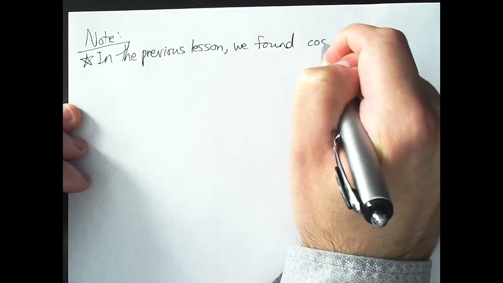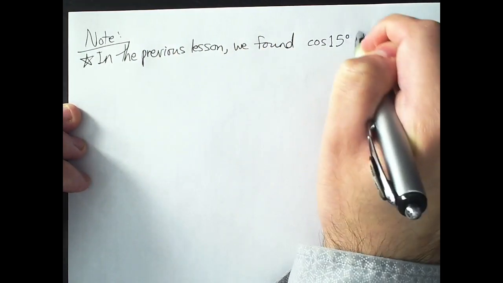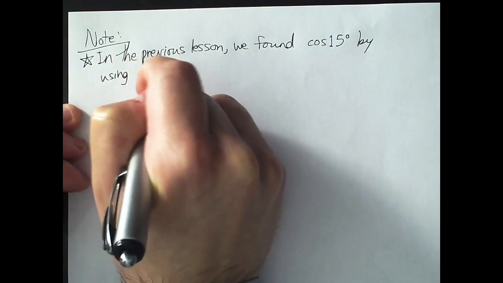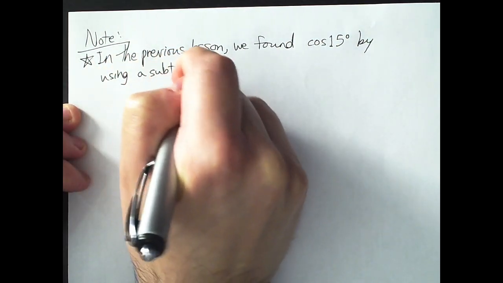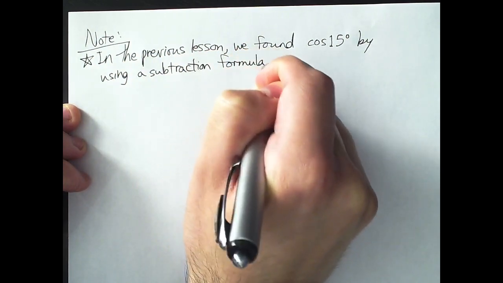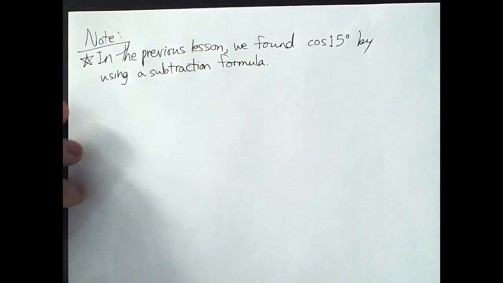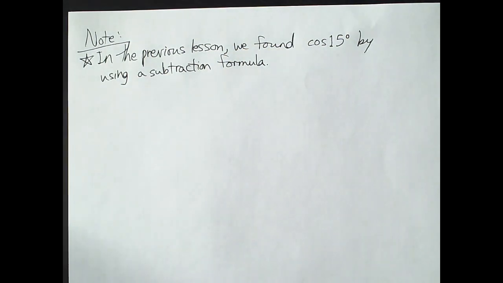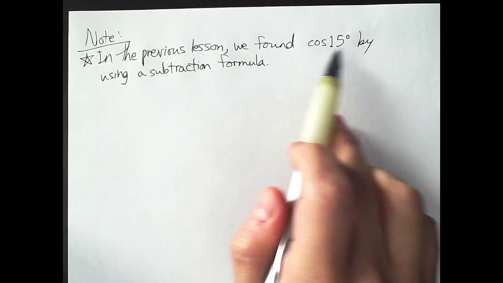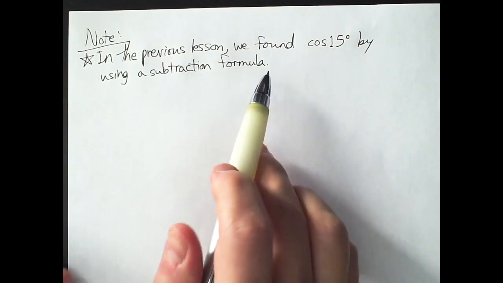We found cosine of 15 degrees, and we did that by using a subtraction formula. Of course, what we just did a few minutes ago, 22.5 degrees, we used a half angle formula. But in the previous video, we did cosine of 15 degrees using a subtraction formula.